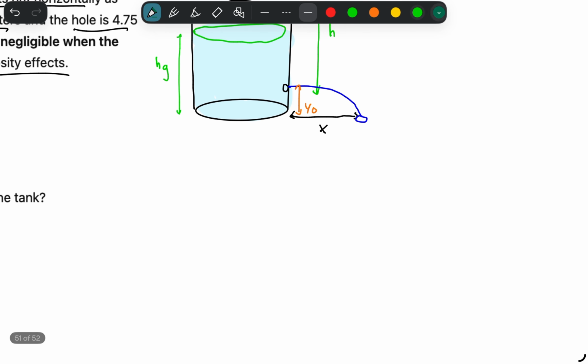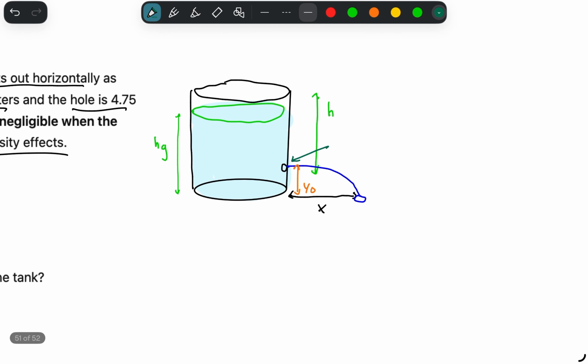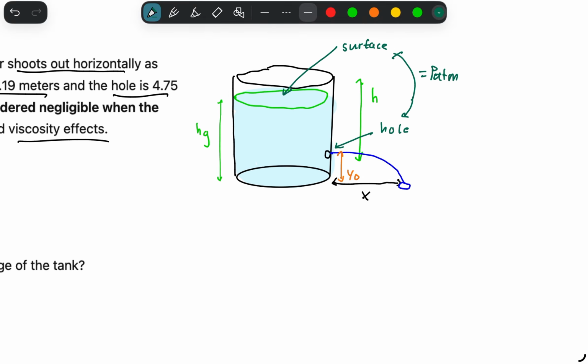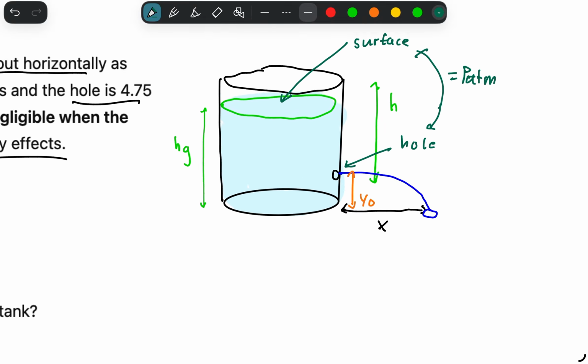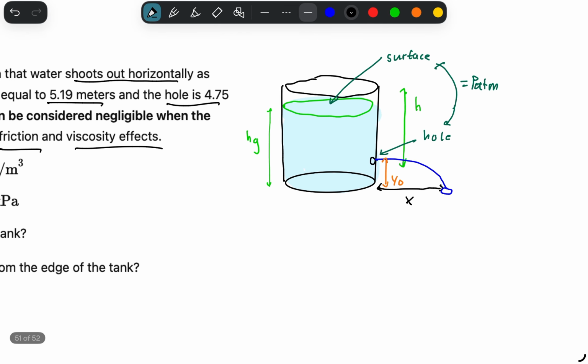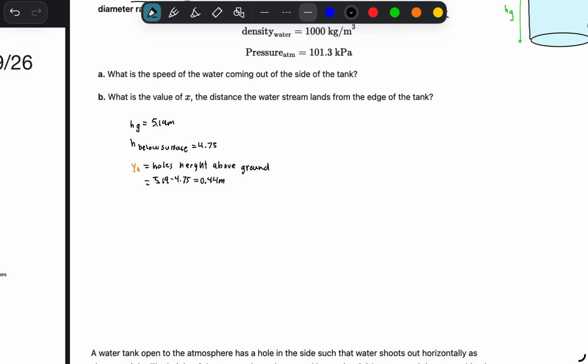So at the hole and also at the surface, they're going to be equal to the atmospheric pressure, because this is the pressure they're experiencing where they have contact with a place that is not the wall or side of the container, so that's exposed and not the inside. So we can write this in our equation.